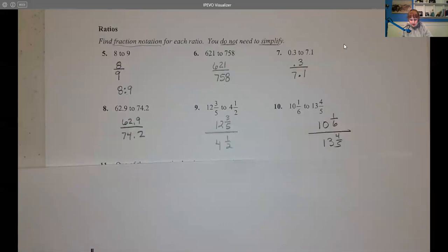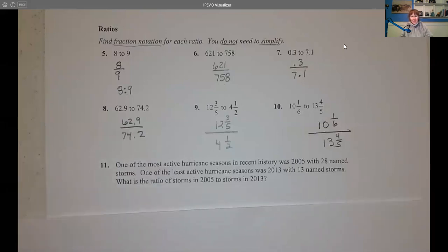All right, so then here is a slide application, and we'll look at some other ones here. Well, yeah, it is an application of writing ratios, but there's no solving yet till we get to sections 3 and 4. One of the most active hurricane seasons in recent history was 2005 with 28 named storms. One of the least active hurricane seasons was 2013 with 13 named storms.